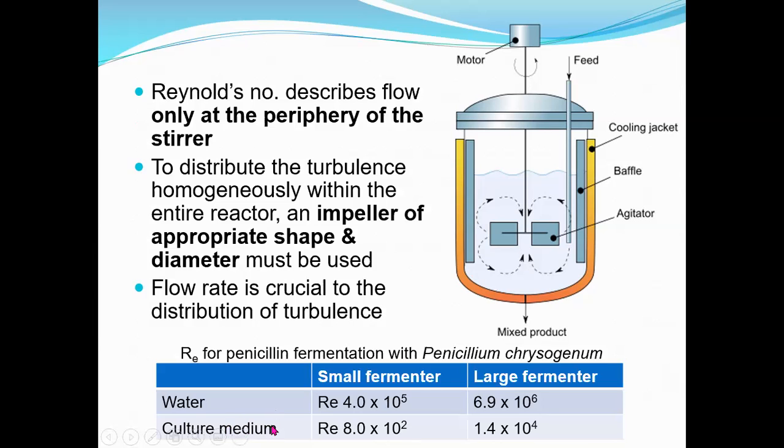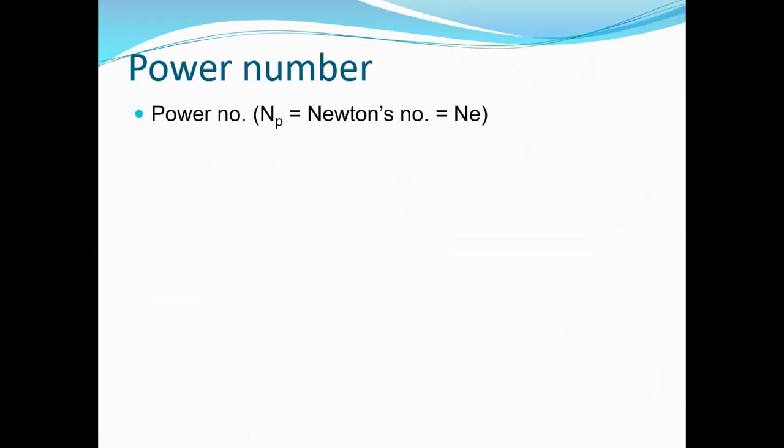In the case of the culture medium, the Reynolds number is lower as compared to water, and in the larger fermenter, it is higher than in the smaller fermenter. So this was about the Reynolds number to measure the turbulence in the liquid, mostly around the stirrers.